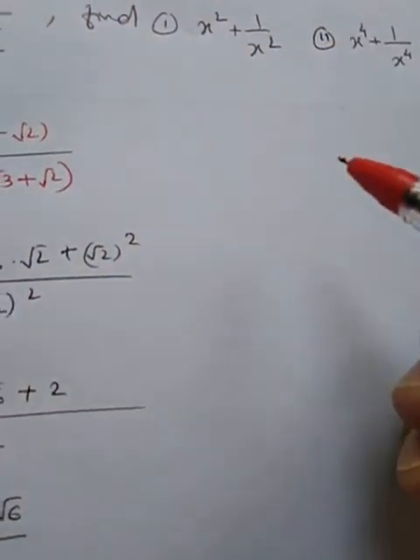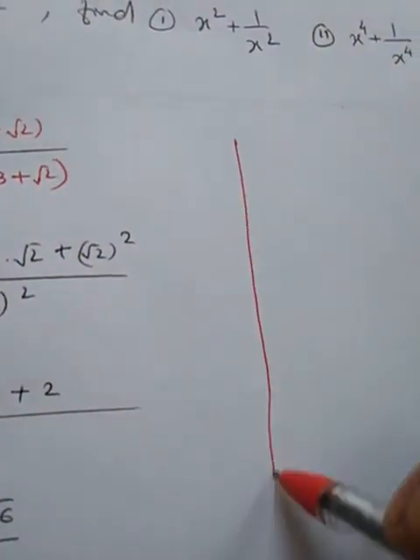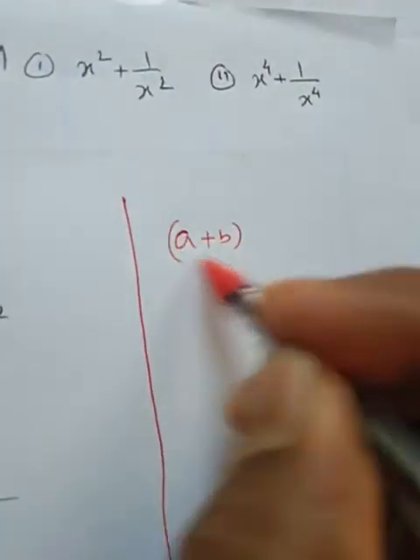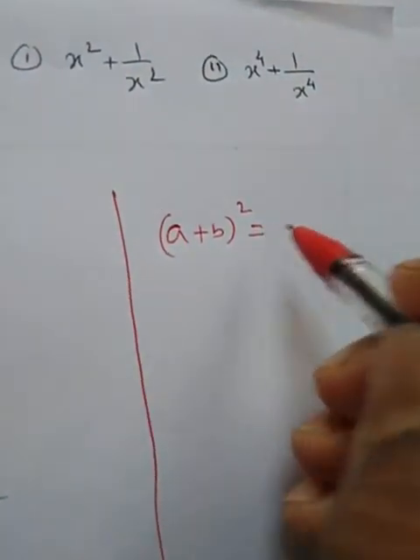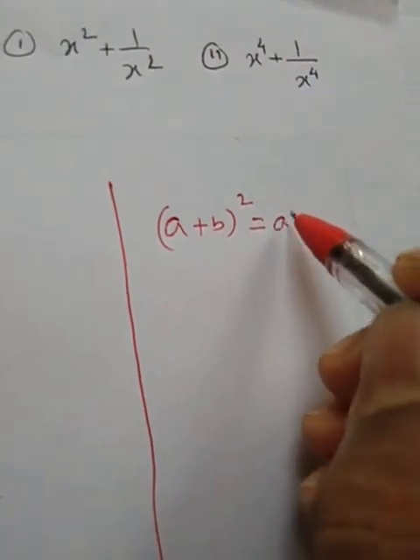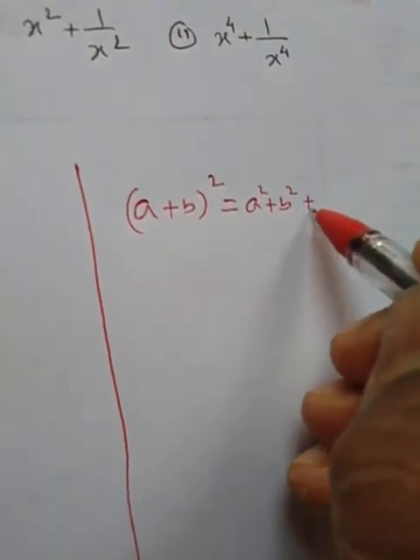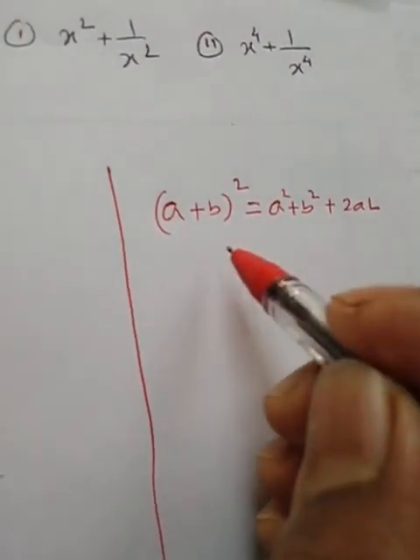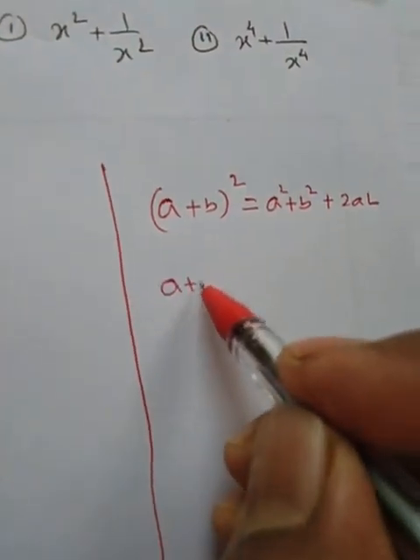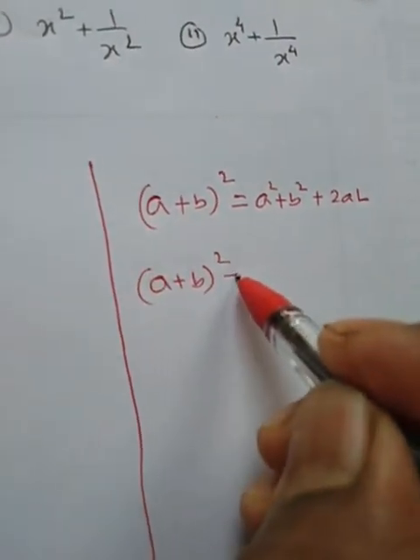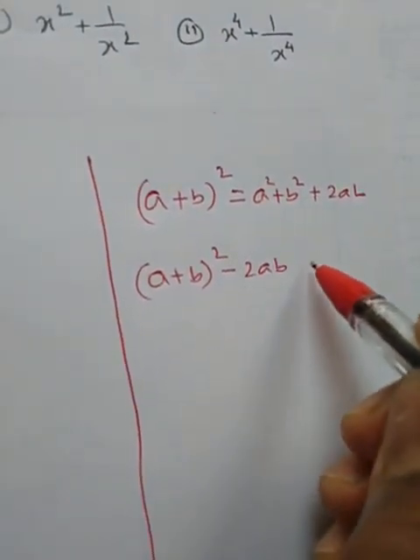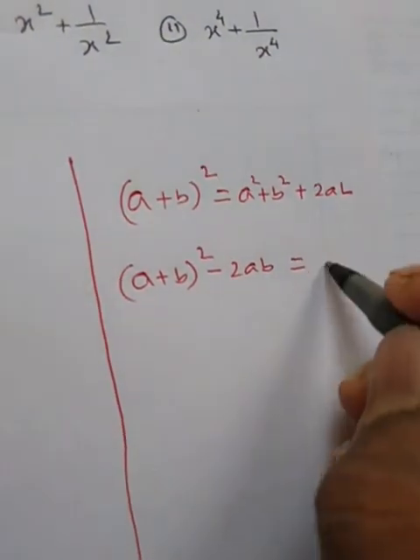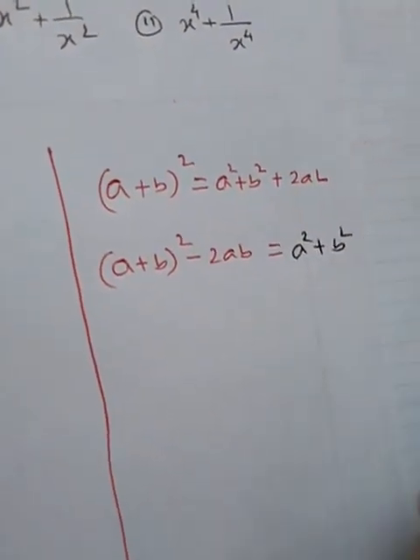You have the a plus b whole square identity. So from there we can derive that a plus b whole square is a square plus b square plus 2ab. Now this 2ab term, if we shift to the left side, will become a plus b whole square minus 2ab, which is equal to a square plus b square.